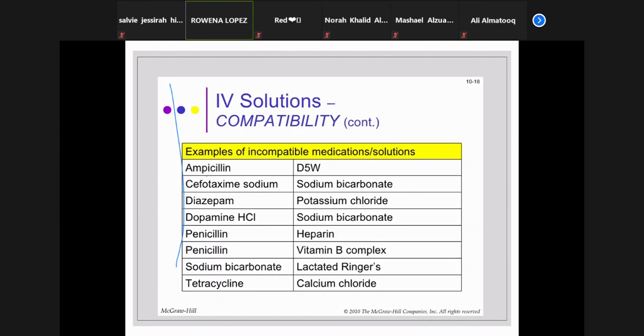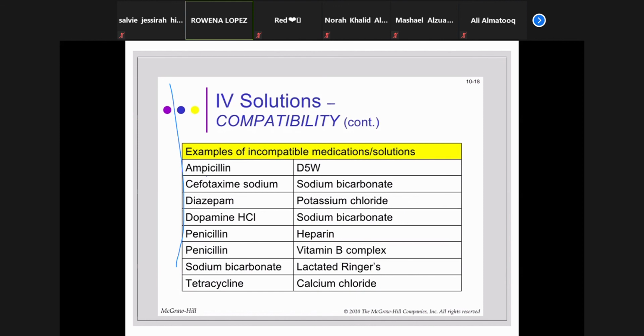Examples of incompatible medication or solution: ampicillin is not compatible with D5. So avoid giving medications at a site where D5 water is ongoing and you are giving ampicillin. It's actually incompatible. Also, ciprofloxacin should not be administered together with sodium bicarb.